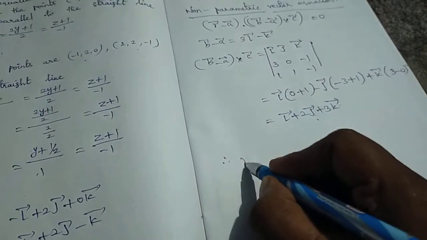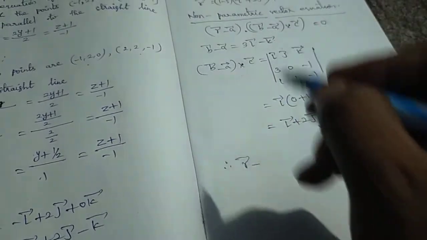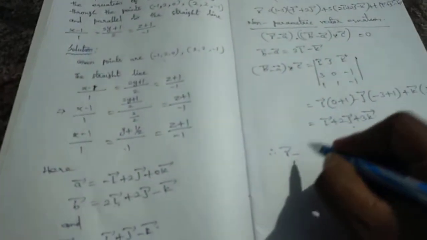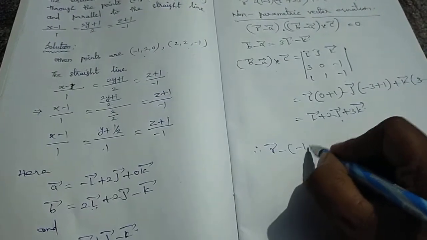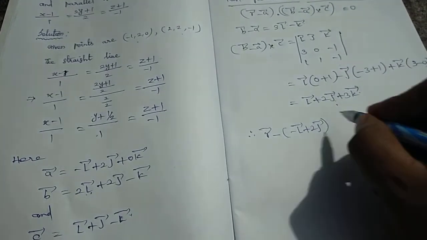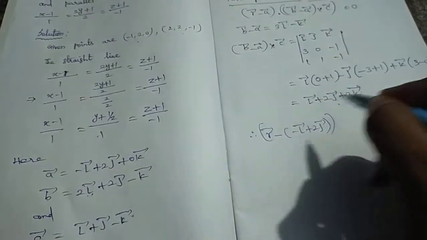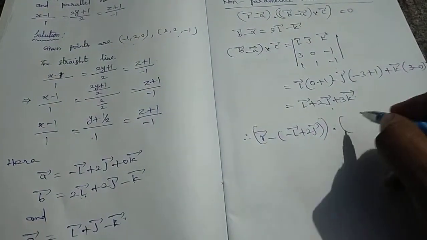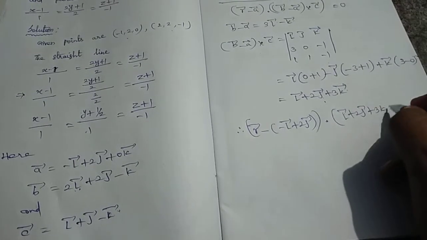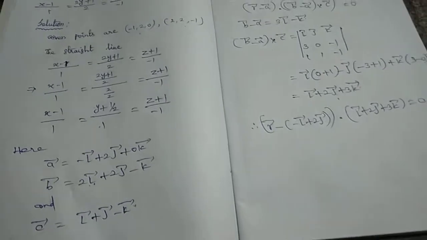Therefore r vector minus a vector. The a vector value is minus i vector plus 2j vector plus 0k vector, dot this value i vector plus 2j vector plus 3k vector equals 0.